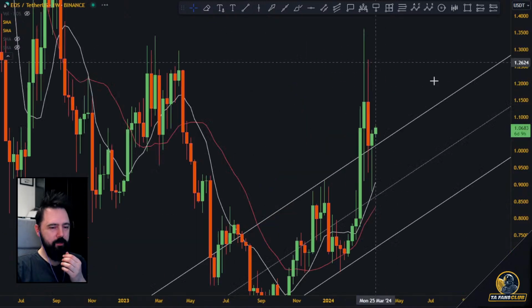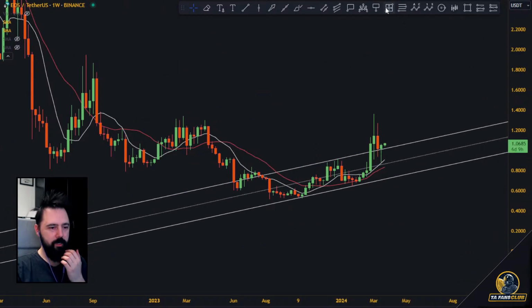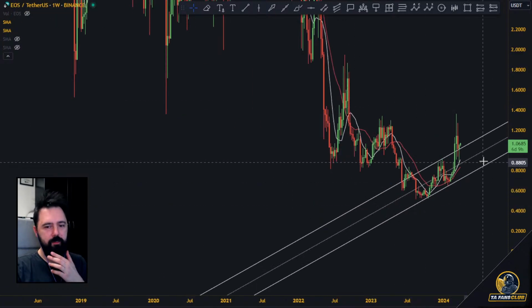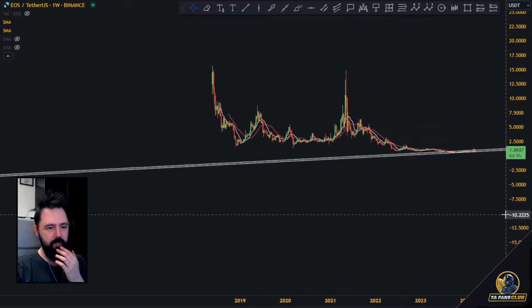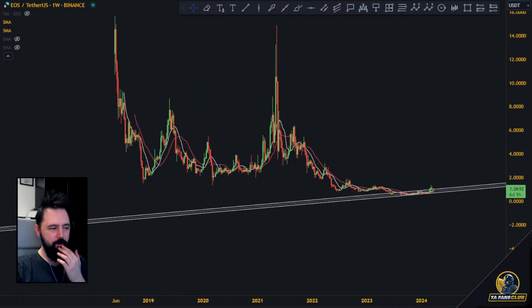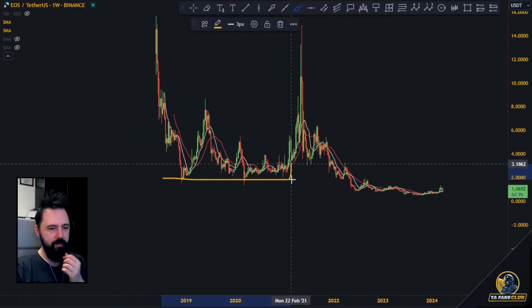EOS, let's go look at EOS. Long time since we looked at EOS. EOS broke towards upside right now, retesting the bottom down here. And it did a 100% move. But look at the chart of EOS, man. This is an ugly chart. I mean, if you don't think this is an ugly chart, I don't know, man. This is the previous bear market.